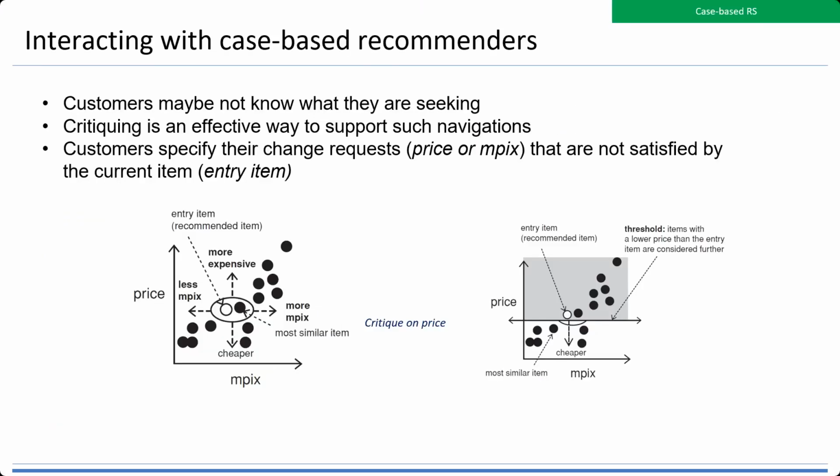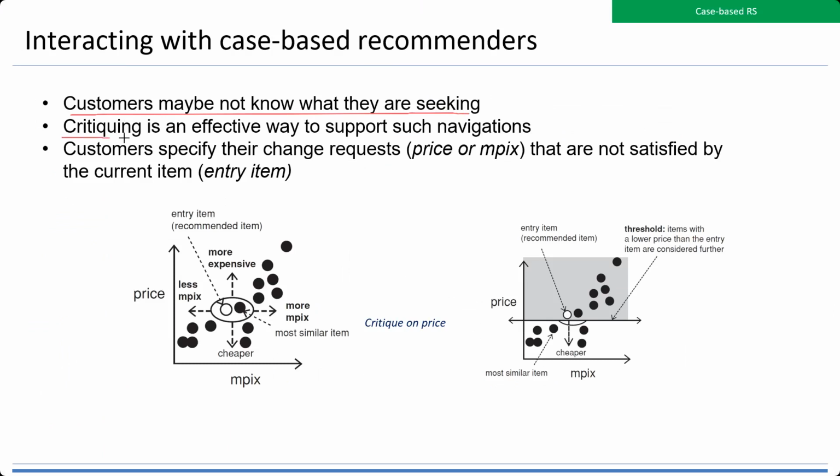So for the case-based recommender, there will be some kind of interaction. What does it mean by interaction? First, the same as with the constraint-based. Customers maybe do not know what they are seeking. So they do not know what they want to look for.